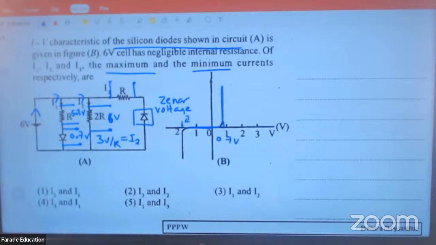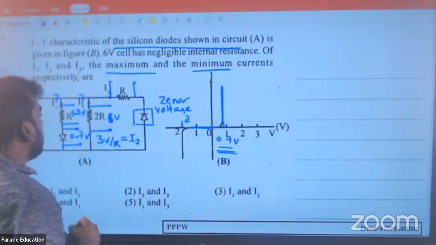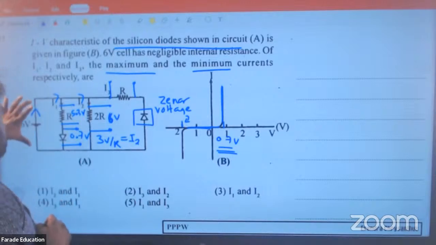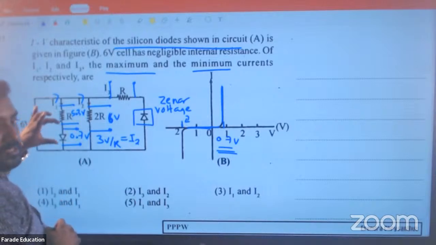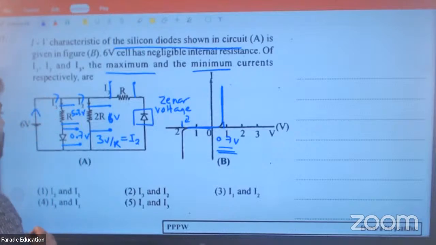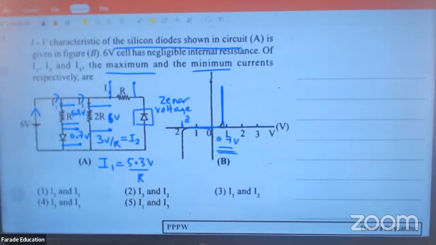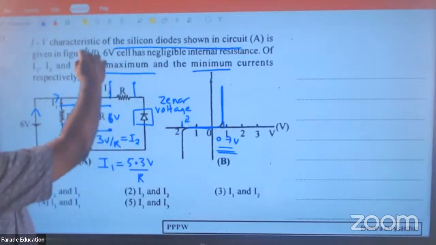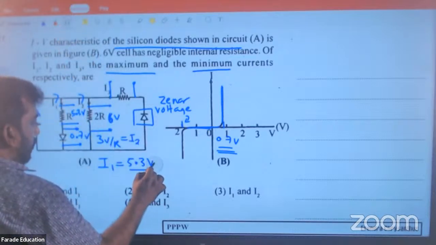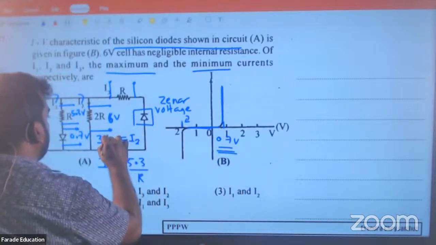Clear? Here 0.7 volt silicon. So 6 volt here, 6 volt here. The voltage will divide, with 0.7 across the diode, which means 5.3 across the resistor. So what is I1? 5.3 V divided by R. Just forget about the volt.